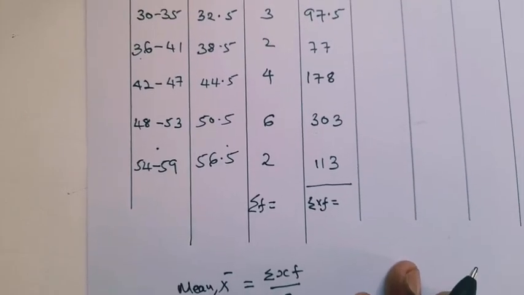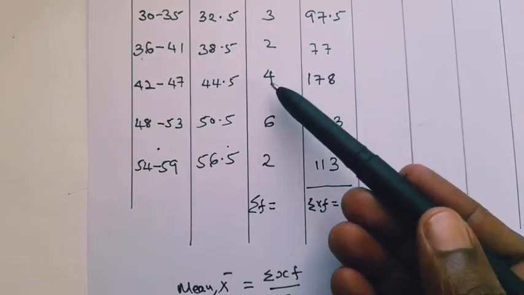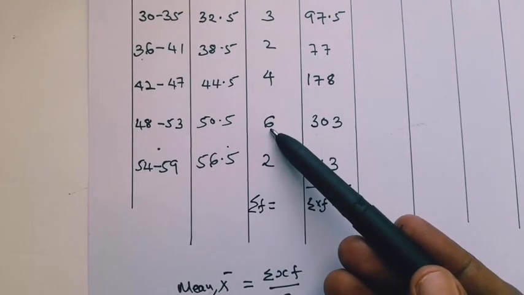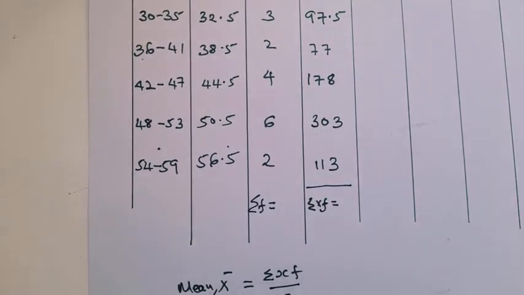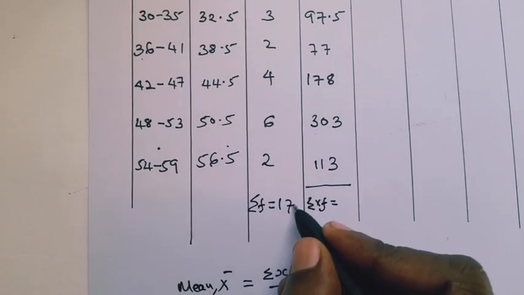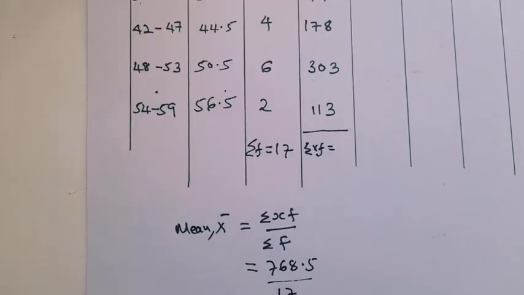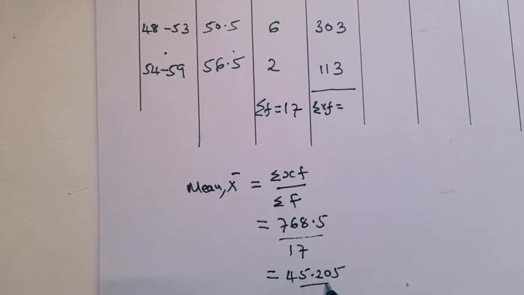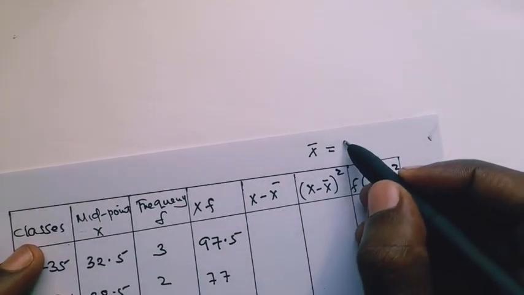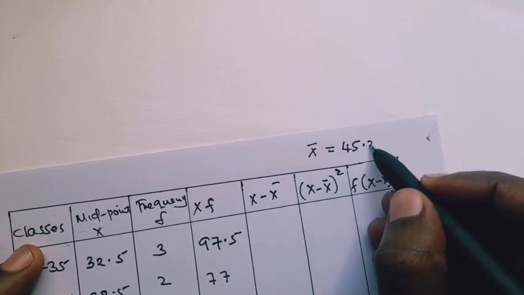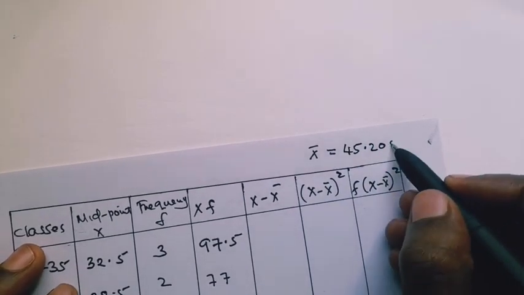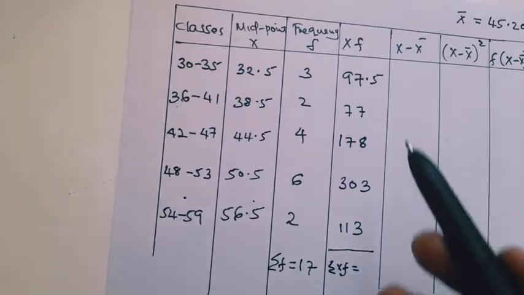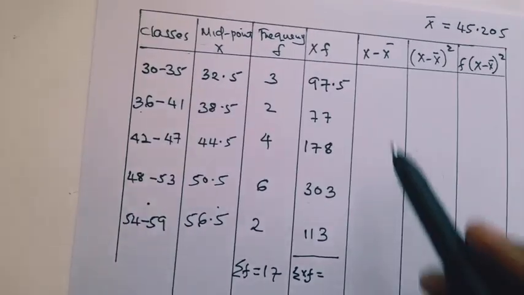Total frequency is 3 plus 2, which is 5, plus 4, which is 9, plus 6, that is 15, plus 2, it gives you 17. So divide by 17, the answer for the mean becomes 45.205. Now this 45.205 is the one we are going to use for computation of the mean deviations on this column.